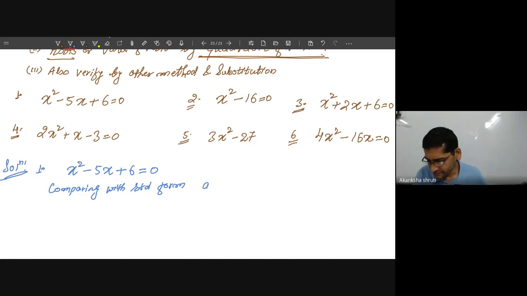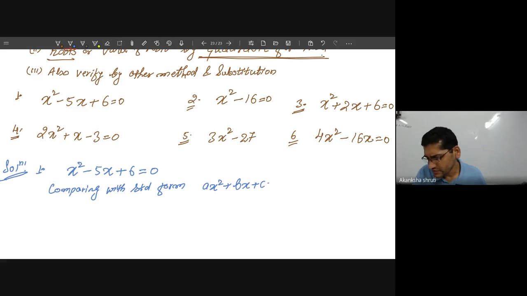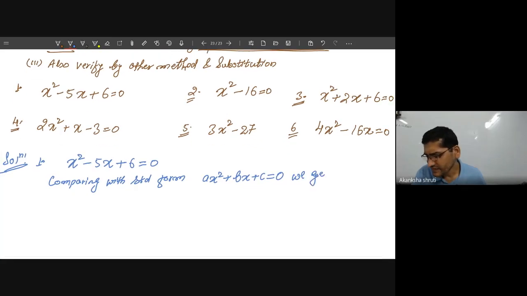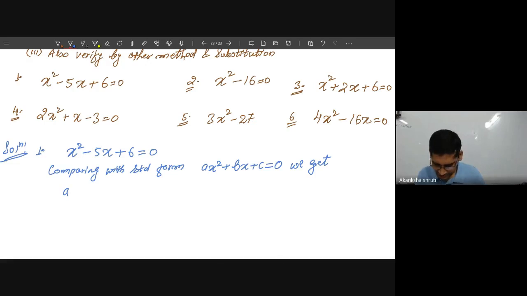What is that standard form? ax square plus bx plus c equals 0. What do we get? We want to know a, b, c. So here ax square, but in the given question it is only x square, meaning the value of a is 1.